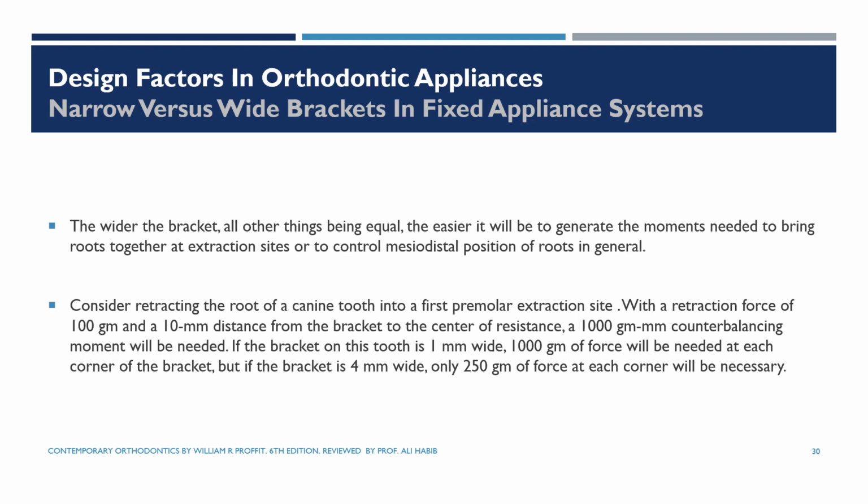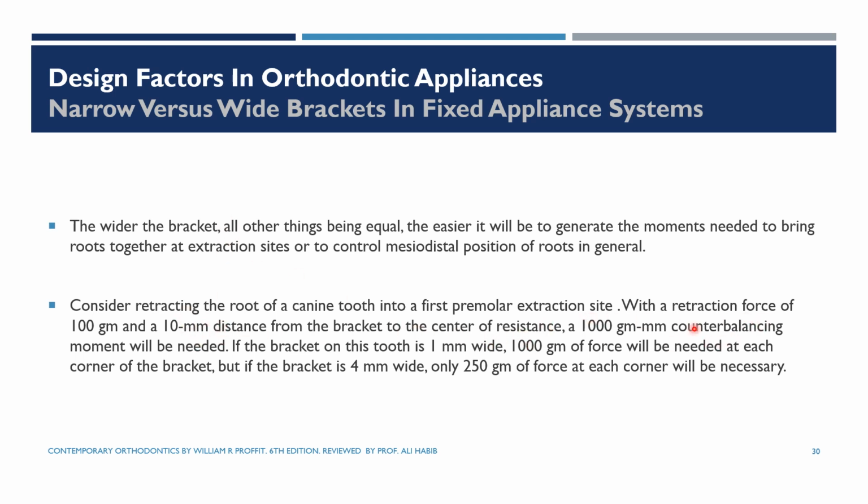Why? If we look at the example we mentioned before, that if we have a tooth that we want to move distally, like the canine, moving it distally when we extract the first premolar. Then, of course, the bracket will be like 10 millimeters away from the center of resistance.